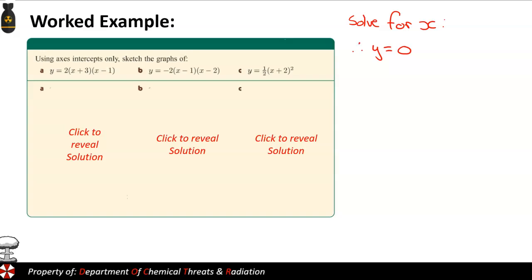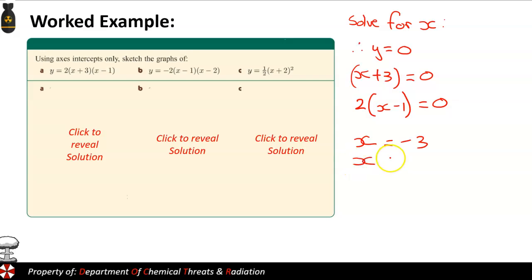Then using the null factor law, that means that x plus 3 equals 0, and it also means 2 lots of x minus 1 equals 0. So we've got these two solutions here. Therefore, we can say x equals minus 3 and x equals 1.